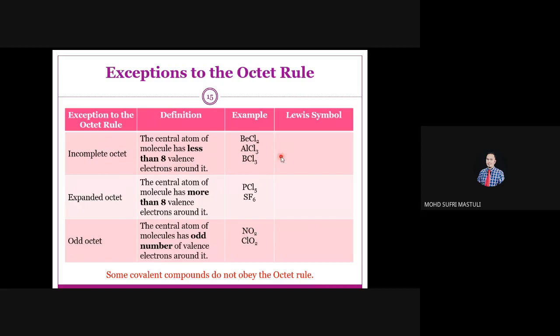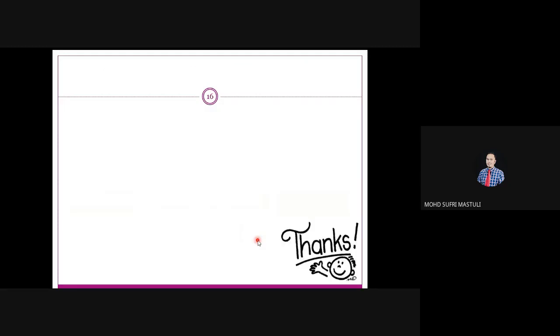You can just pick one compound each and try to draw the Lewis structure for the incomplete octet, expanded octet, and also the odd octet.